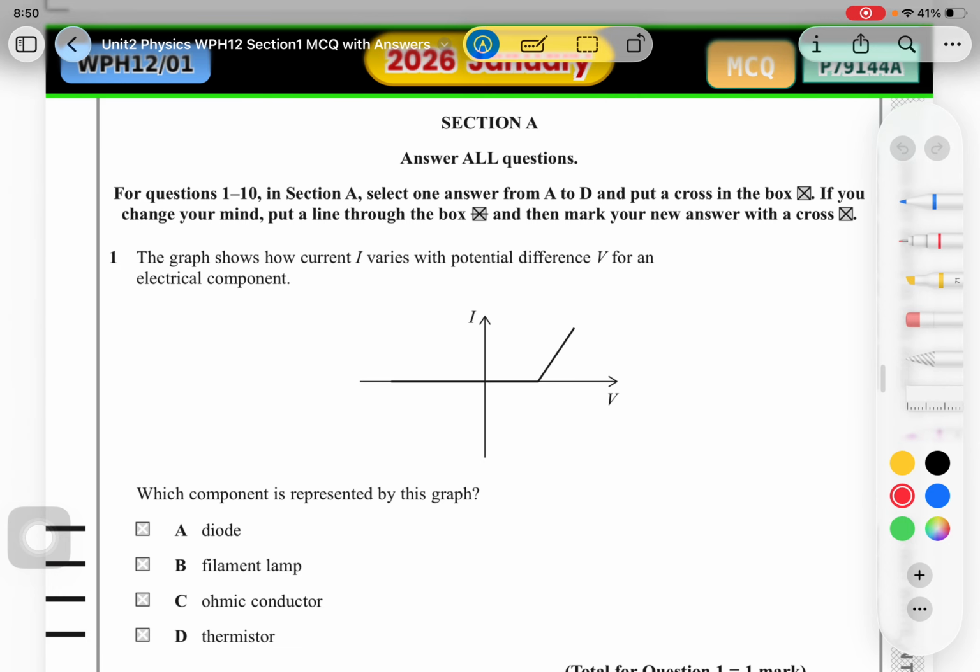Okay, now question number 8. They are asking about the potential difference across the length x. In this length x only they are asking us. So in this length x, we know resistance will be rho L divided by A. Since this is the same wire, resistance will be represented by the length itself.